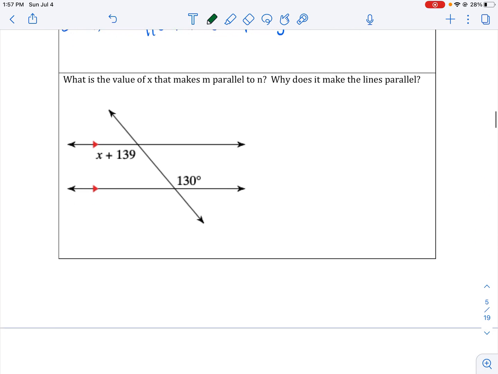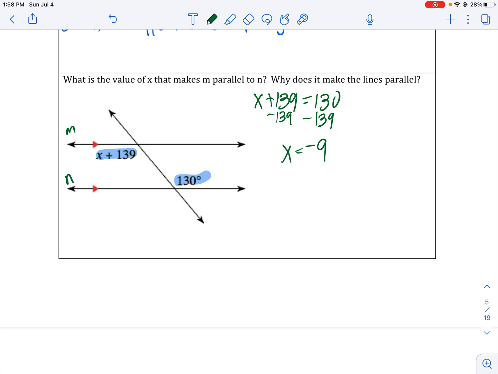So what value of x makes m parallel to n? Let's say this is m and this is n. Okay, so again here we have alternate interior angles. For these lines to be parallel, alternate interior angles, their measurements need to be equal. So now I'm going to solve this equation right here.